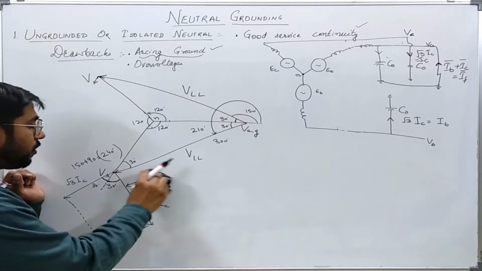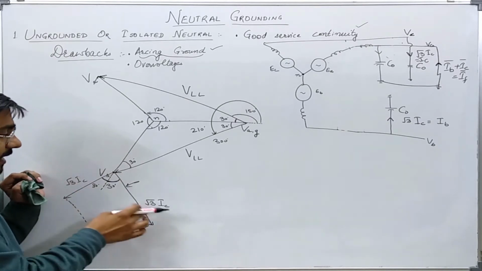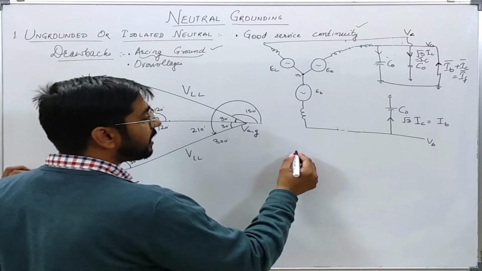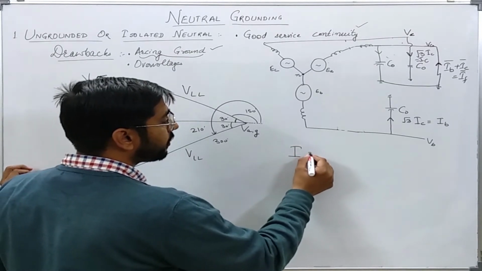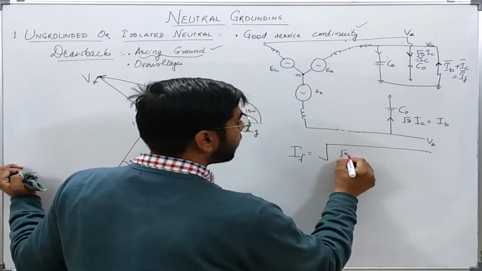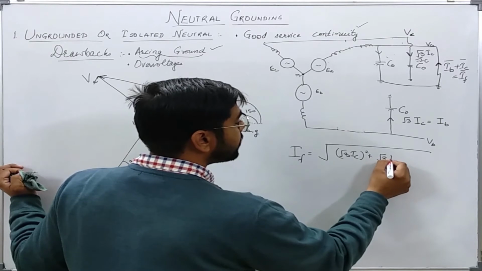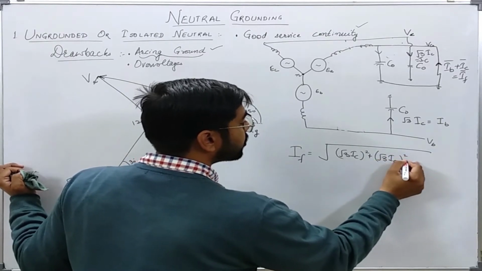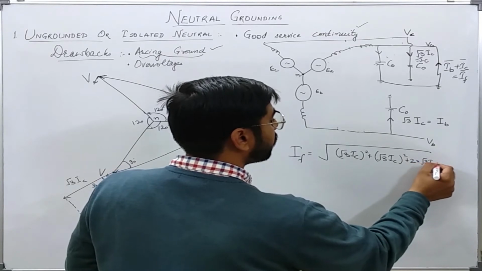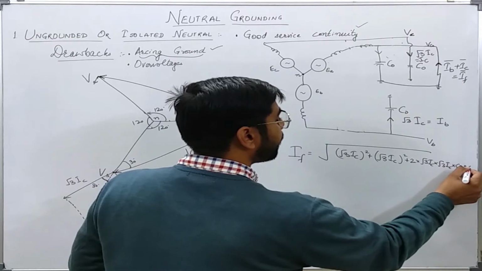Now we know that if this is root 3 IC and this is root 3 IC and the angle between them is 60 degree, then what will be the resultant? Resultant will be root of root 3 IC squared plus root 3 IC squared plus 2 times root 3 IC into root 3 IC into cos of the angle between them.